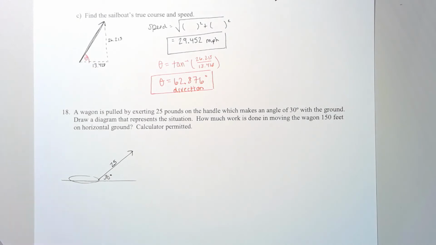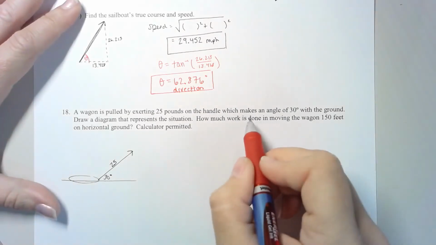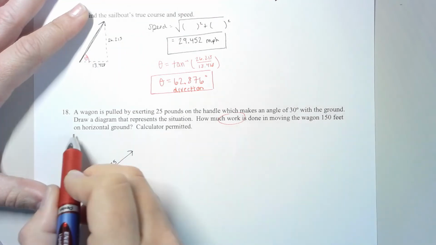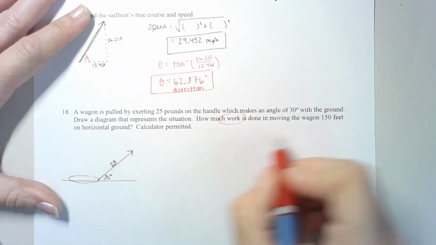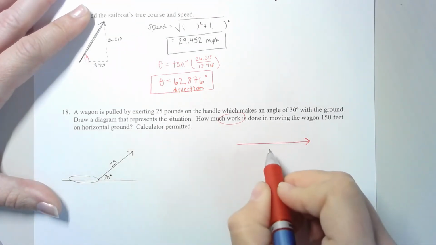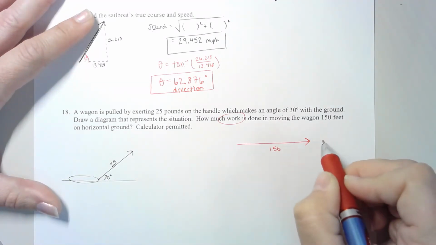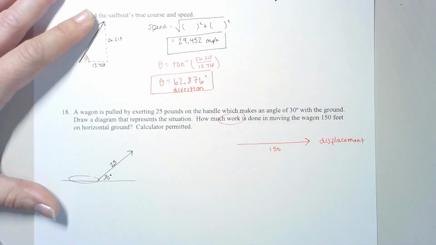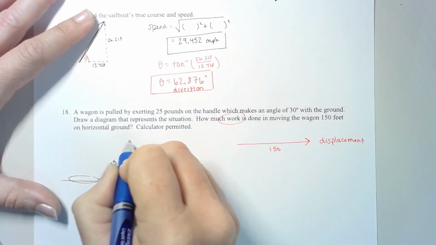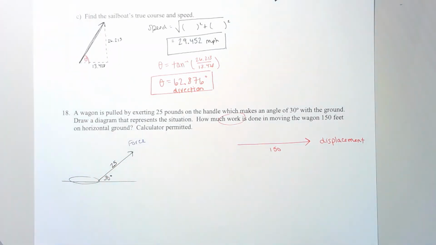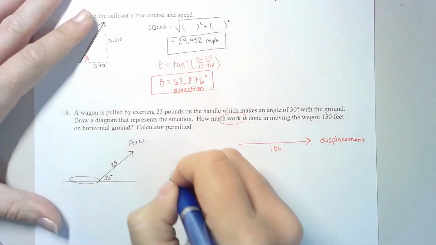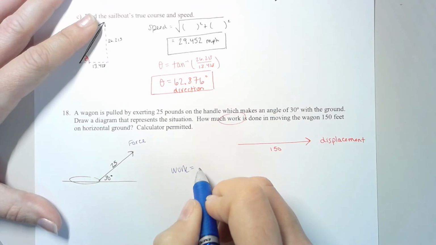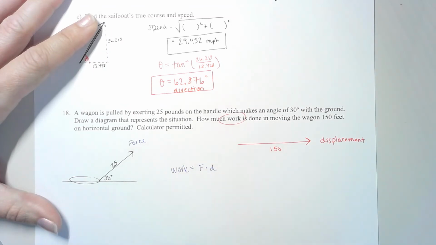How much work is done moving the wagon 150 feet on horizontal ground? So here's our displacement vector, right? The movement. Here's our force vector. And we said that work is the dot product of force and displacement.